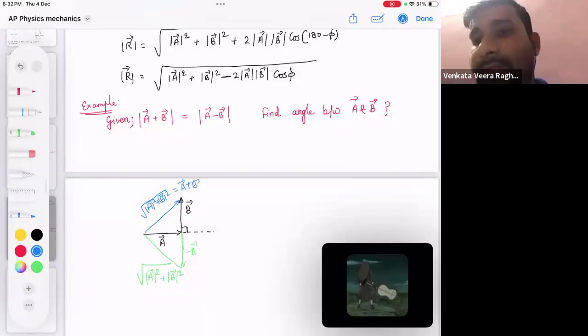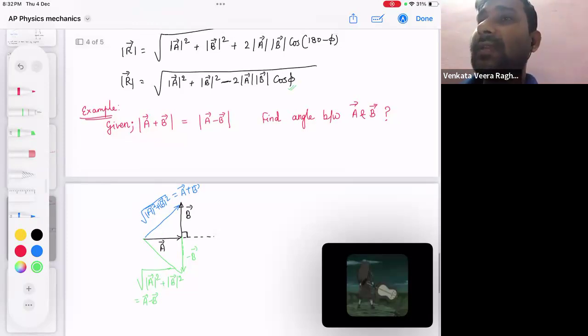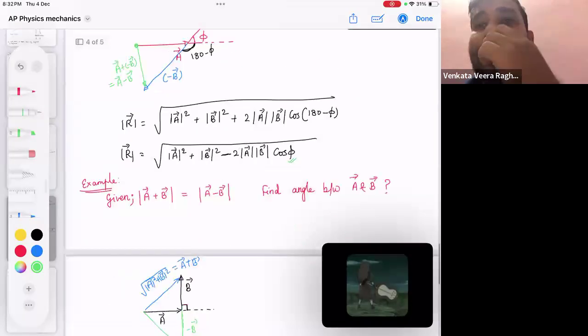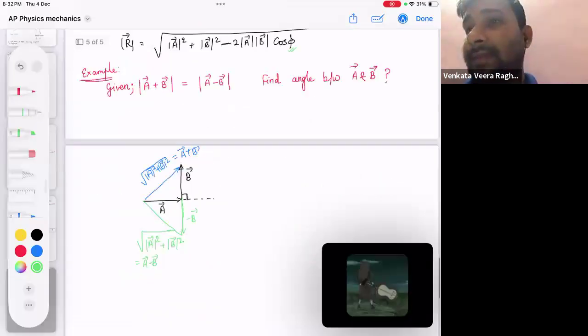A plus B vector. And the green color is representing what? A minus B vector magnitude. So when these two magnitudes are going to be equal, that's only when I take phi equal to 90 degree. Because in one case I am getting 2ab plus 2ab cos phi. And I see that when you are finding A plus B vector magnitude, what will you write?